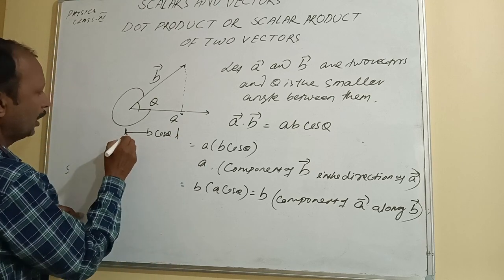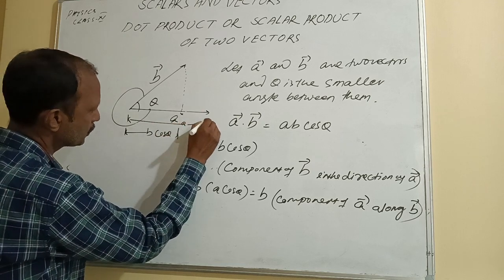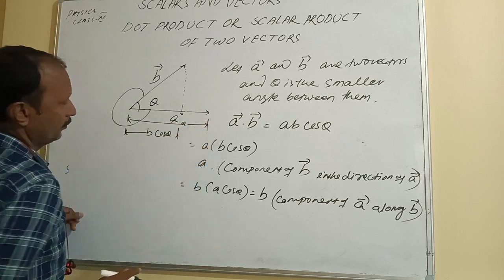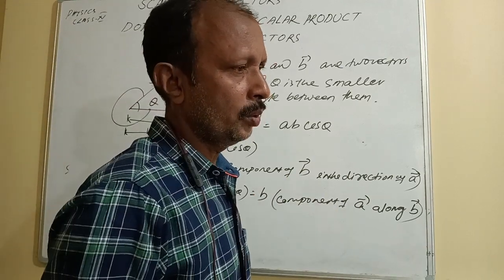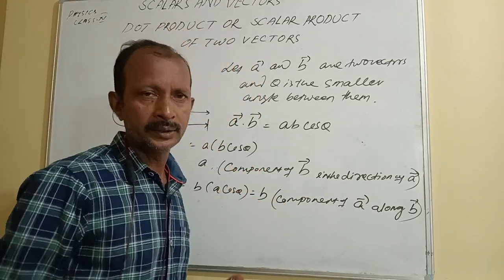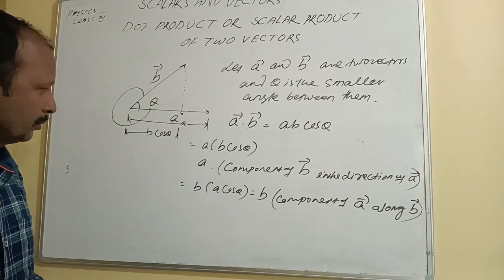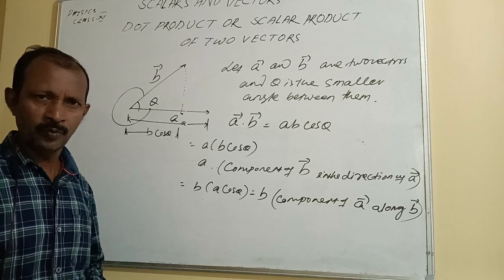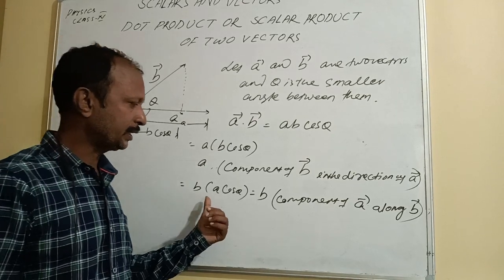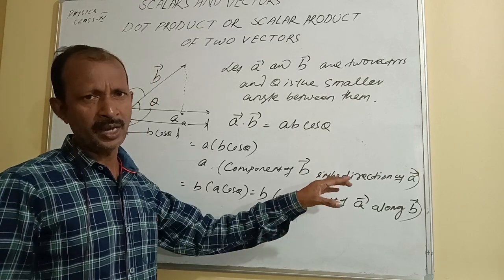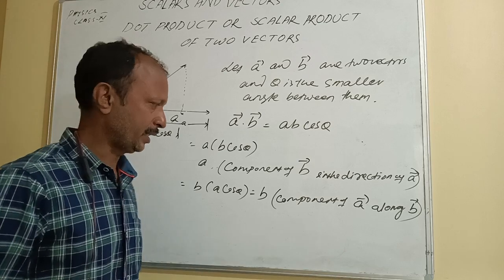Okay, and here to here this is A. So another way also I can define the dot product of two vectors: the magnitude of one vector and the component of the other vector in the direction of the first vector.